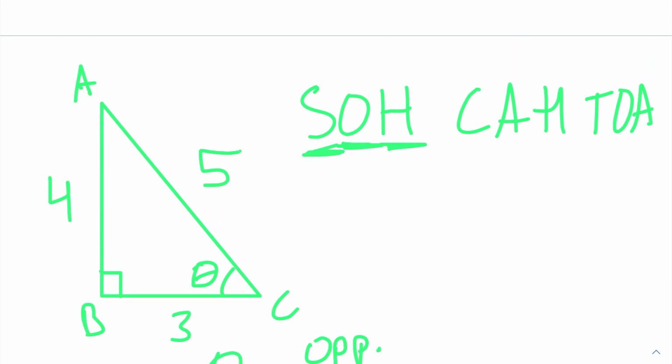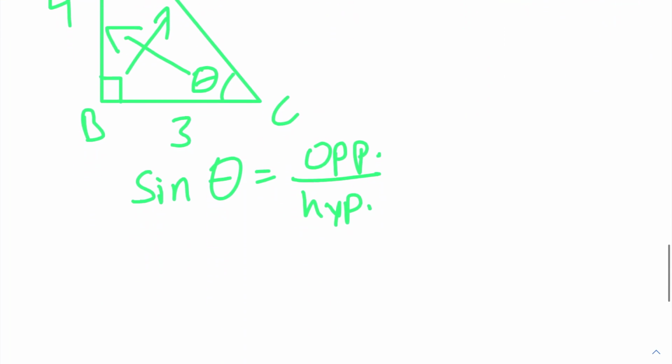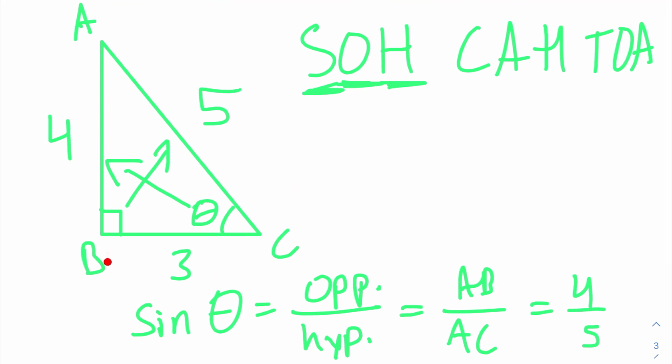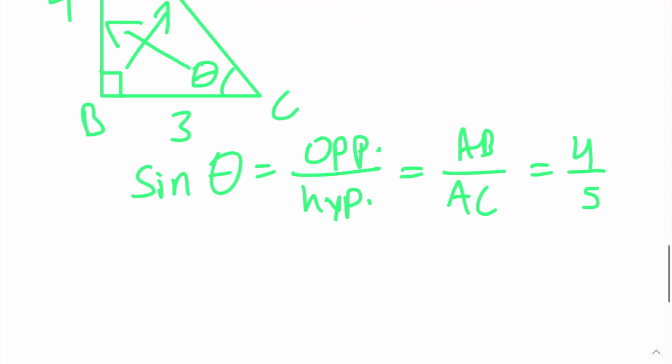And in this case, the opposite of theta is AB, and the hypotenuse is AC. So we have AB over AC, which is 4 over 5, because AB is 4 and AC is 5. So sine theta is equal to 4 over 5.